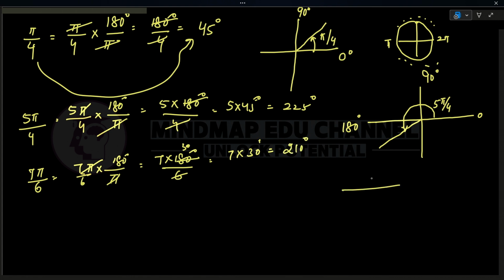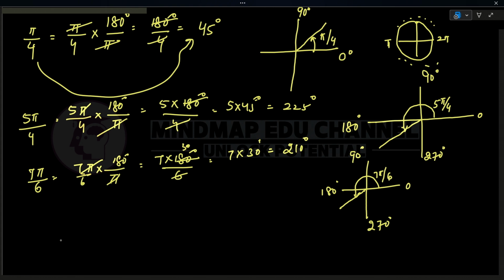Now let's plot it here. It will be 0, 90 degrees, here it is 180 degrees, here it is 270 degrees. Let me write 270 degrees here. So it is 210, so it will be here. So from 0 to here, 210 means 7π/6.